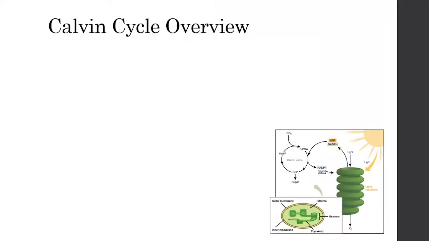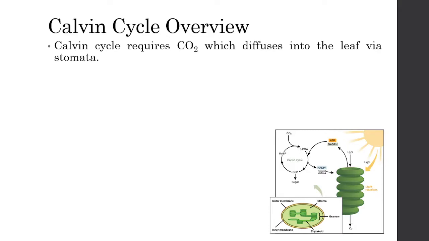So let's begin. Let's have a little overview of what is happening in the Calvin cycle. First, it requires CO2, or carbon dioxide, as opposed to the light-dependent reactions in the first stage of photosynthesis, which require water, or H2O, from the roots.